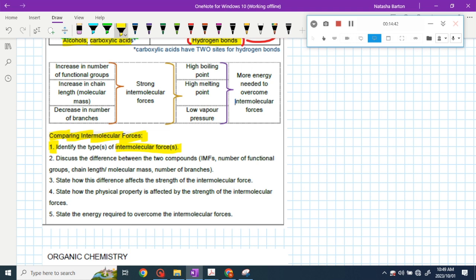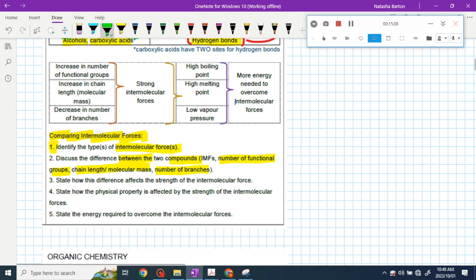When you are done with that, if you find that they have the same type of intermolecular force, you are going to discuss the differences in the structures of the compounds. For example, do they have a different number of functional groups? Do they have a different chain length or molar mass? Or do they have a different number of branches? You're going to compare that.